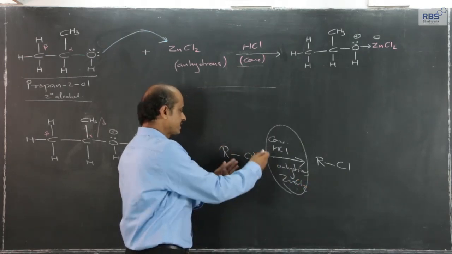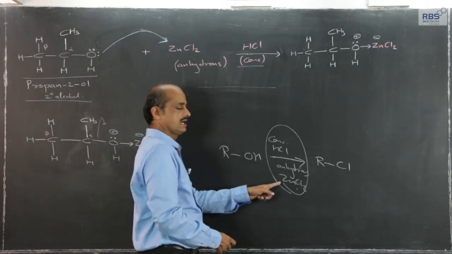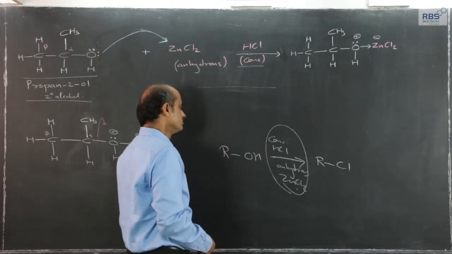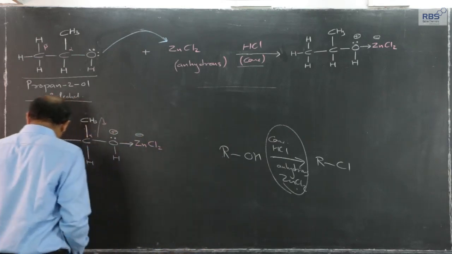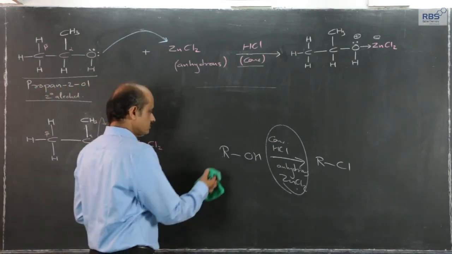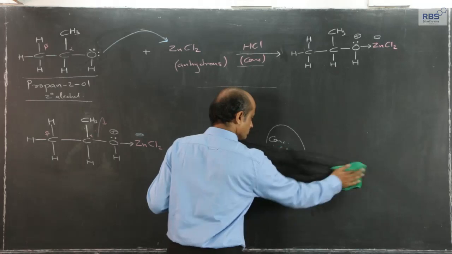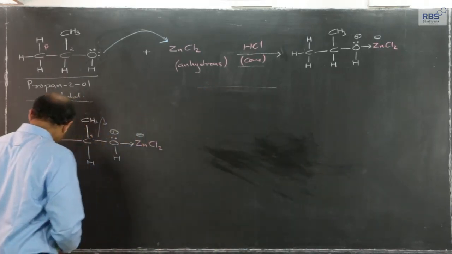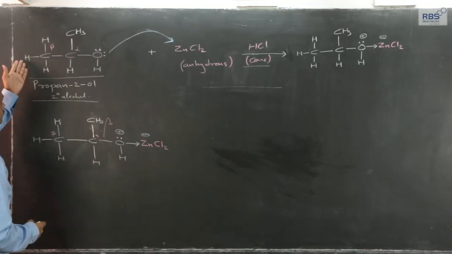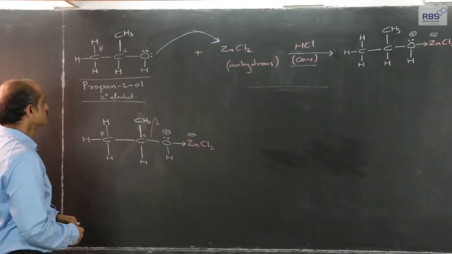So, it is not a direct reaction of alcohol and HCl. Anhydrous ZnCl2 has a role. One example I have already explained, that was a primary alcohol. Now, instead of a primary alcohol, if we take the example of a secondary alcohol, here I have taken isopropyl alcohol. What happens? Let us see.